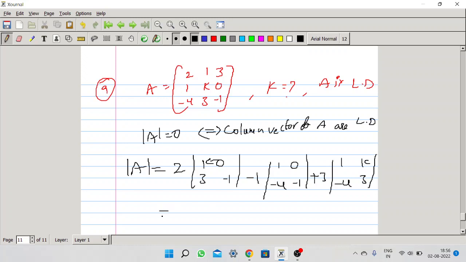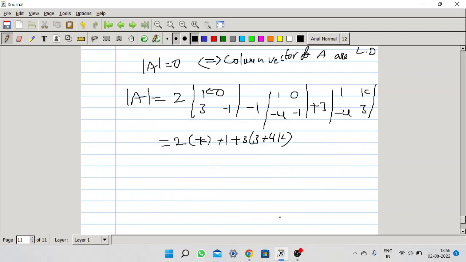So this is nothing but 2 times minus K, minus, this is plus 1, plus 3 times (3 plus 4K). In total this will become 9 plus 1, 10. Here it is 12K minus 2K, so it will become plus 10K.